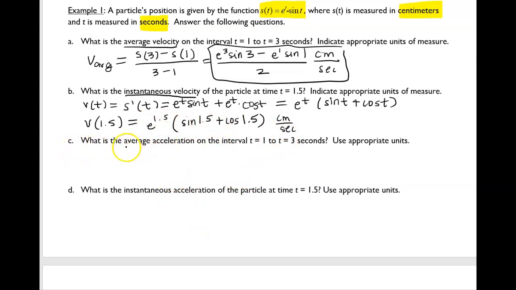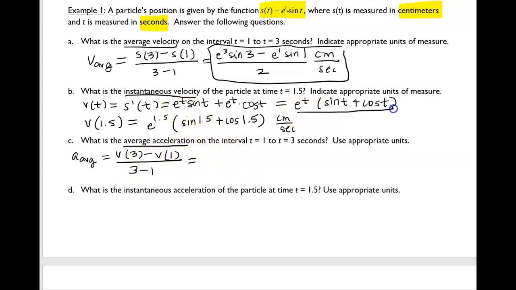C asks me for average acceleration on the interval from 1 to 3. And so average acceleration is the rate of change of velocity. So velocity at 3 minus velocity at 1 over 3 minus 1. Now this is going to look a little crazy here. I'm just going to evaluate my v of t equation.